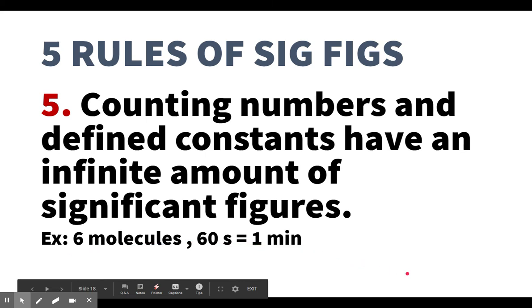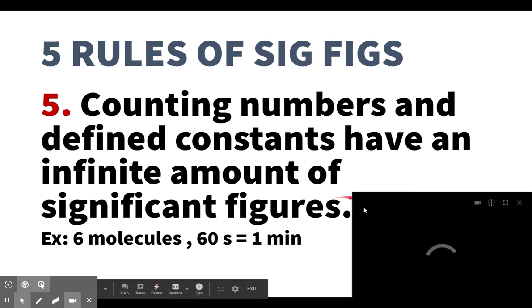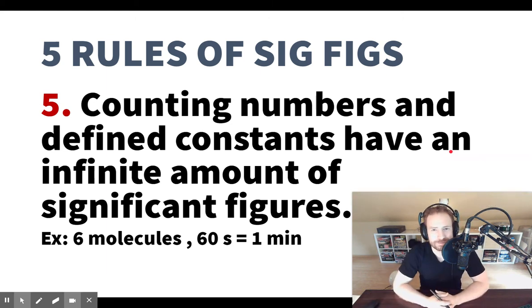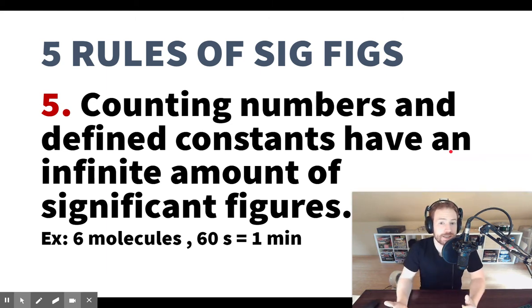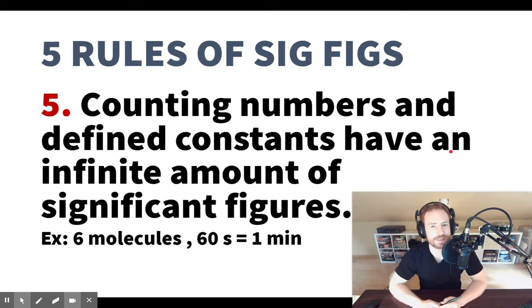One more rule you should be aware of: counting numbers and defined constants have infinite significant figures. Let me explain what I mean here. So let's say your dog had puppies and you were like, she had 8 puppies. That is a counting number, right? You sat there and you went 1, 2, 3, 4, 5, 6, 7, 8. There are 8 puppies.